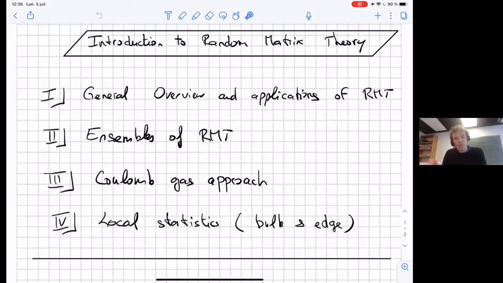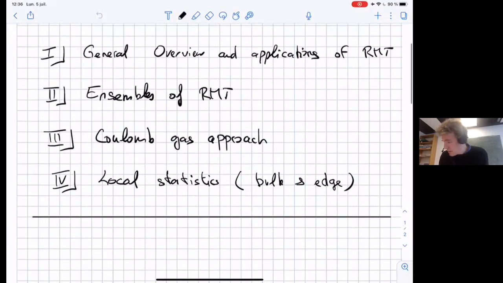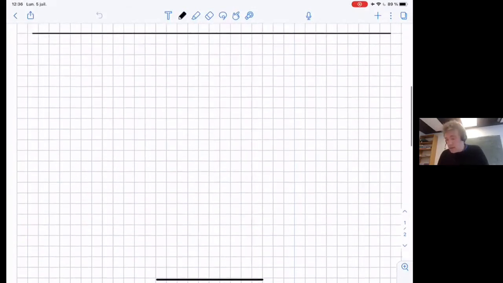That means looking at the largest eigenvalues, where I would like to discuss the Tracy-Widom fluctuations and its various applications, which became very popular during the last 15 to 20 years. So that's the program, and let's start with a brief introduction.